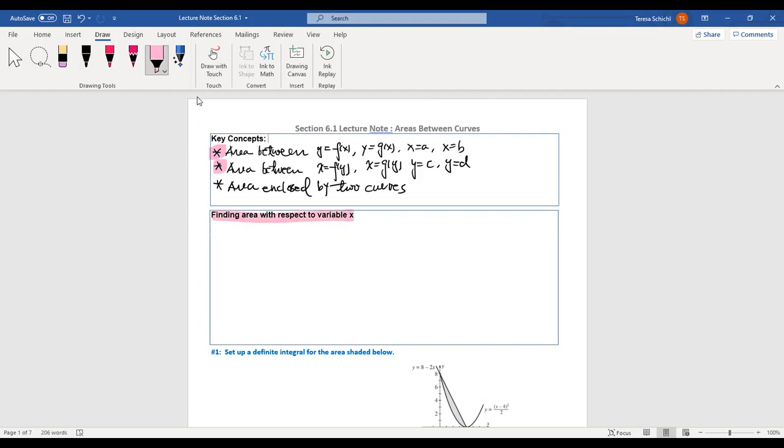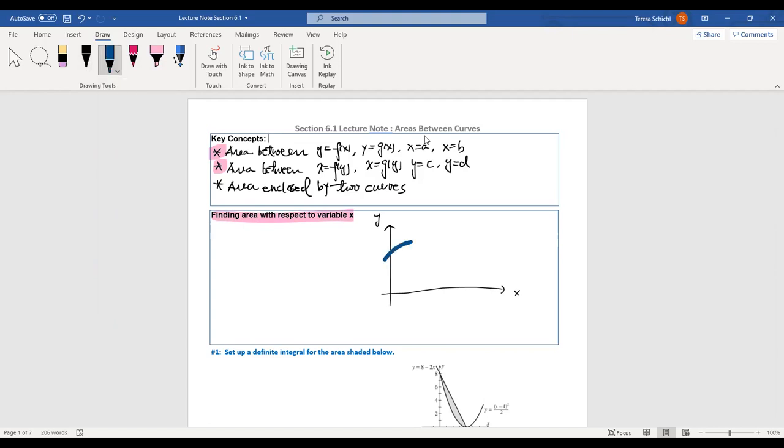Find the area with respect to the variable x, like the first one. What does that mean here? Basically, the first one is telling you this: this is my x and y axes, right? We have y equal to f of x, so I have a function here. Let me give it different colors.